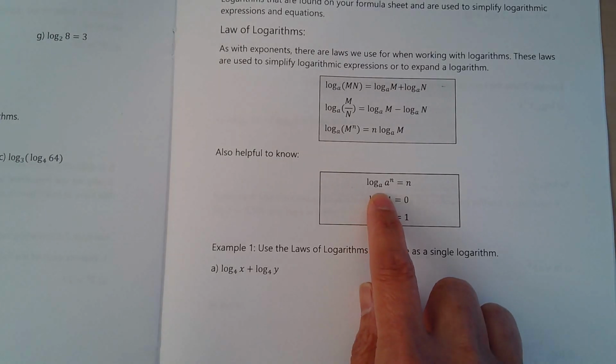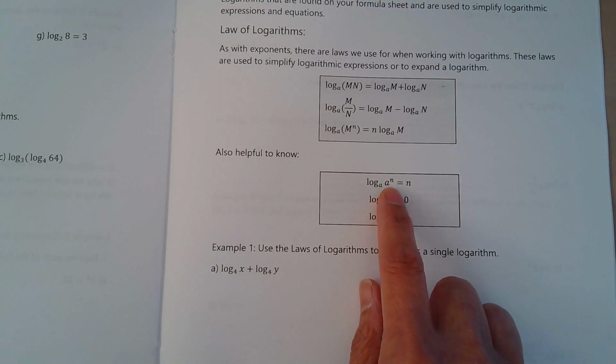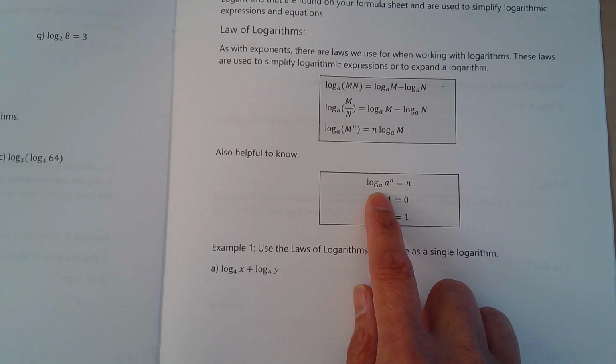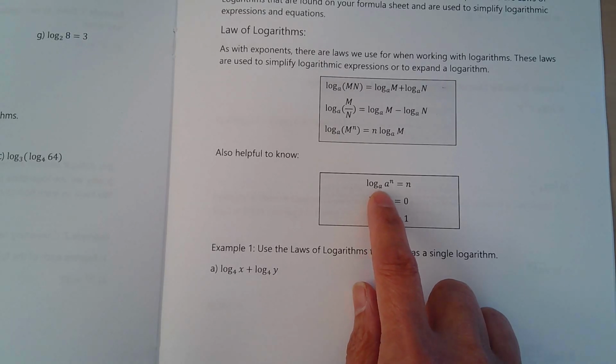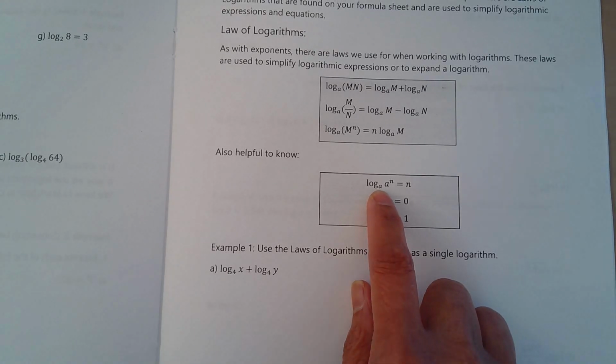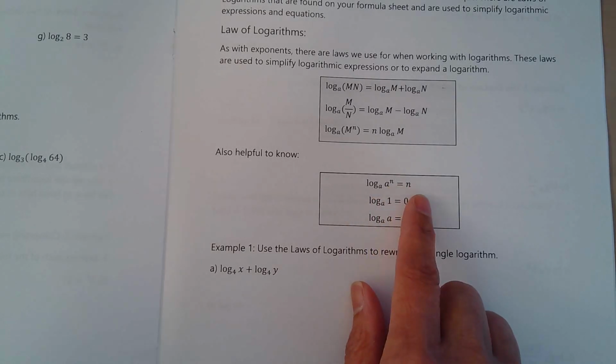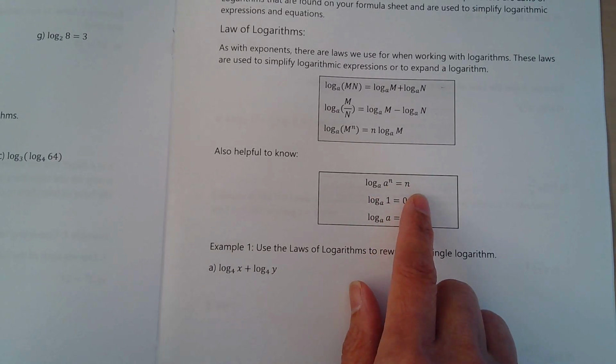Here are the other things that we also need to know. Log of a to the n for base a. We're asking ourselves, and we saw that in a previous example, what exponent do I need for a to get a to the n? Well, the answer is n. Does that make sense?